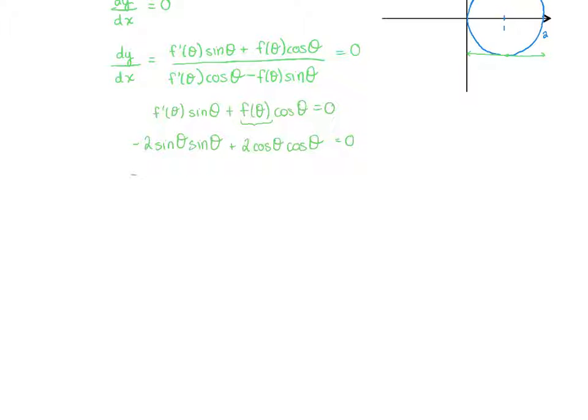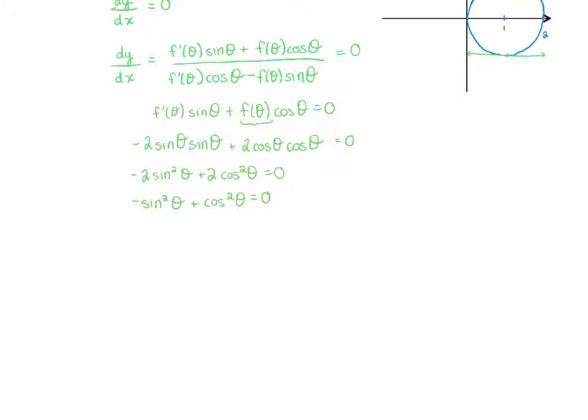So really what we have is negative 2 sine squared theta plus 2 cosine squared theta equals 0. I can divide out the 2, so that I have negative sine squared theta plus cosine squared theta equals 0.